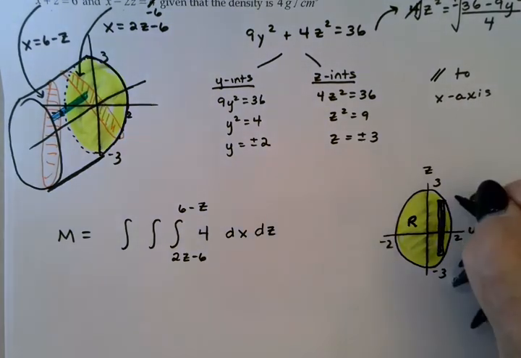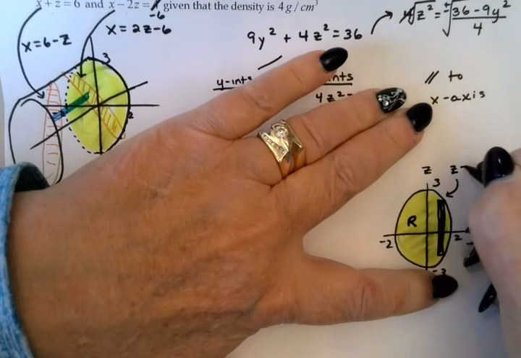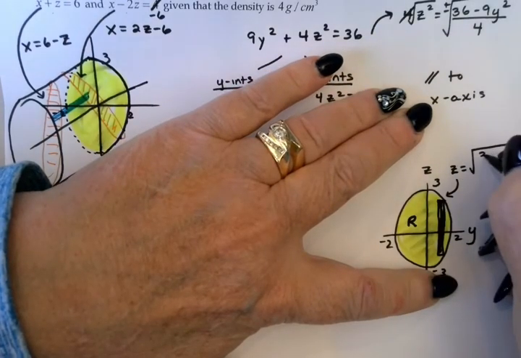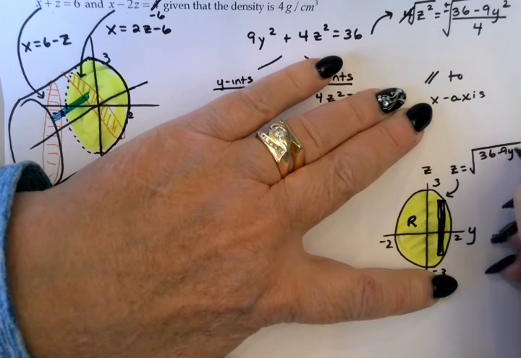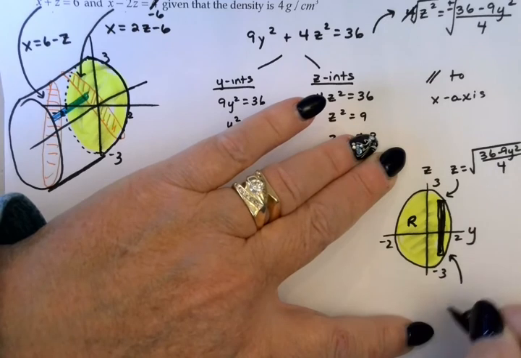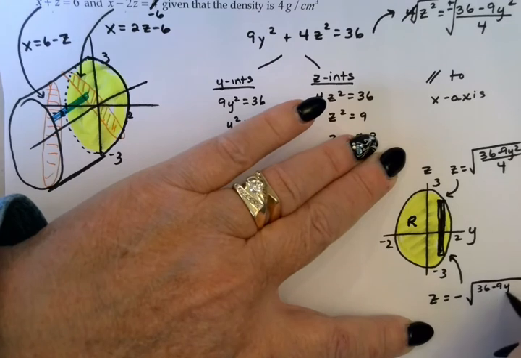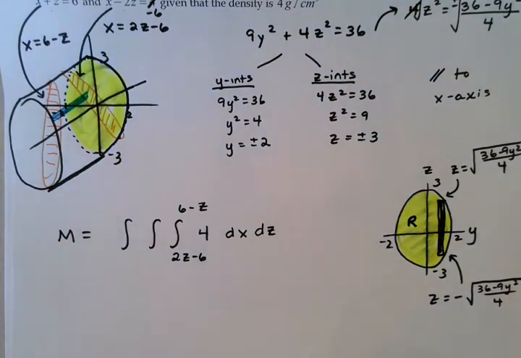So the top would actually be the positive square root. And the bottom would be the negative square root. All right, ugly, but we can make it work.